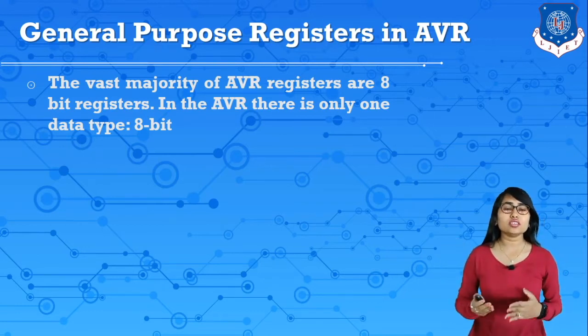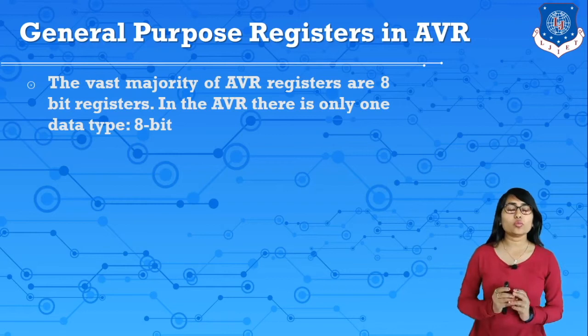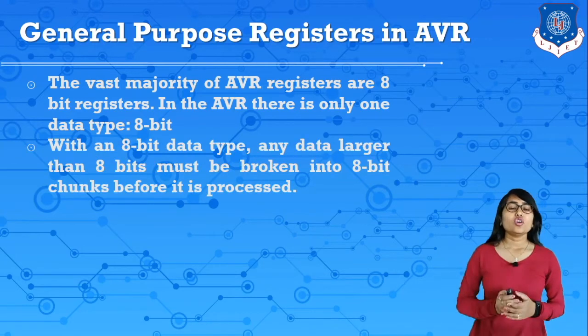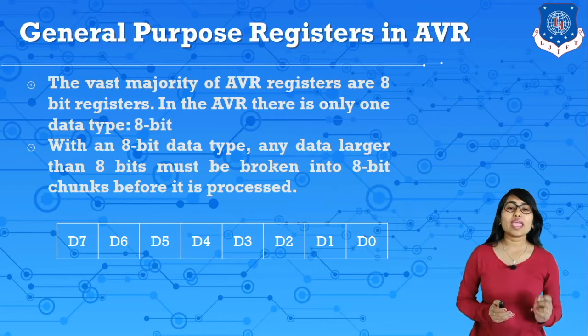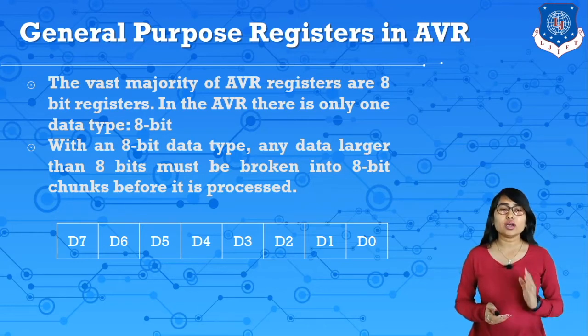In a processor there are different kinds of data type registers, for example 8-bit and 16-bit registers, but in an AVR there is only one type of register, that is 8-bit. In an AVR with an 8-bit data type, any data larger than 8 bits must be broken into 8-bit chunks before it is processed. For example, 16-bit data can be divided into 8-bit chunks, and then it will be processed.